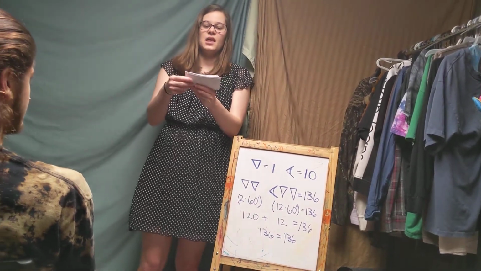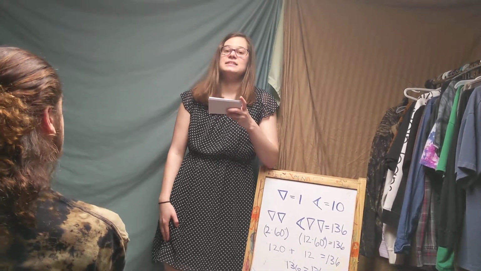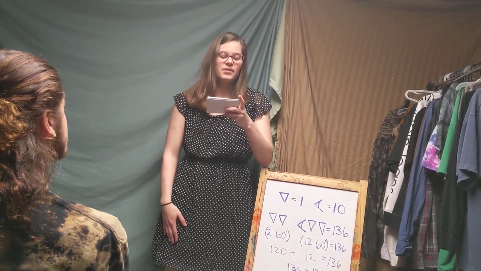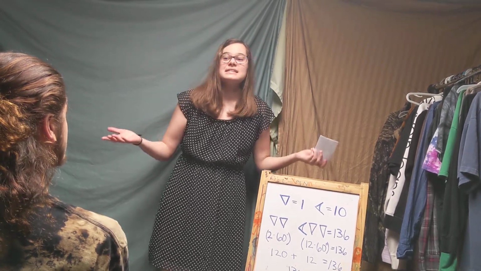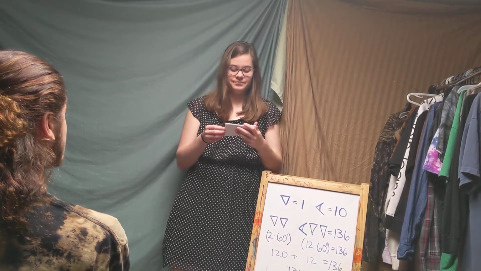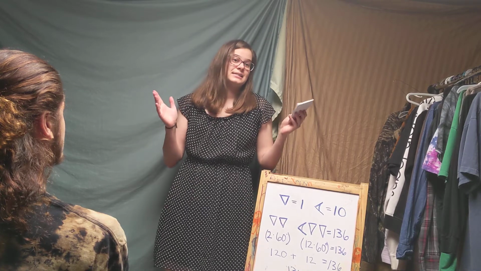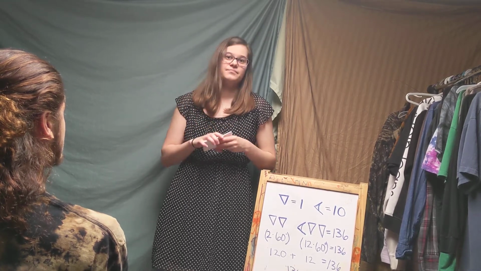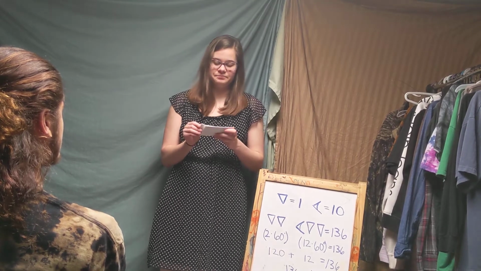All right. So the base 60 system has proved to be an effective use of the base 60. Today, we tell time in base 60. So 60 seconds equals 1 minute, and 60 minutes equals 1 hour. Also, the unit circle has 360 degrees in it. 360 is 6 sets of 60.